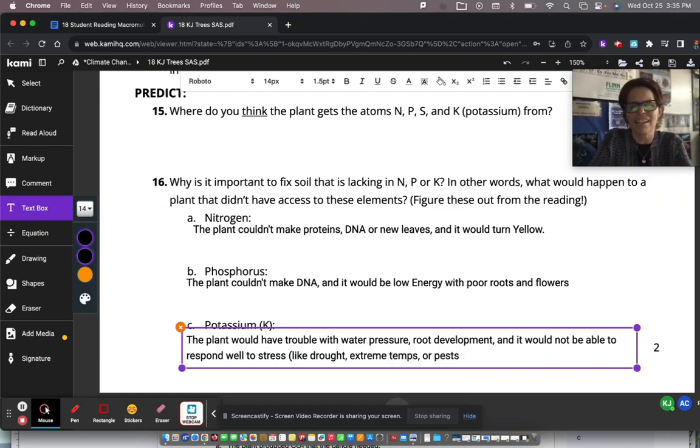I'll call them pests. So insects, humans, birds, anybody attacking it, whatever, those would be pests.